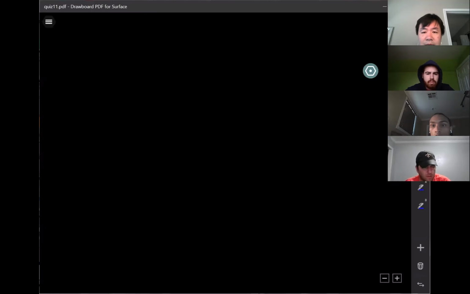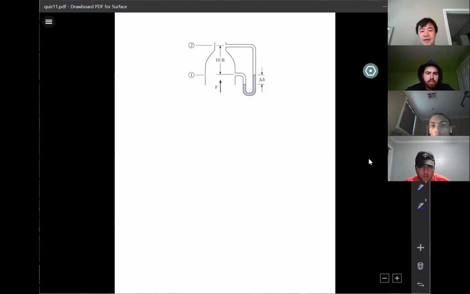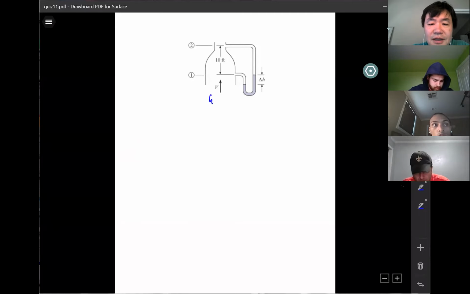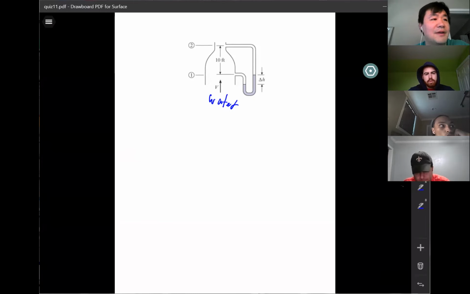Let's do a similar problem. Let me give you information for this. This is the problem. So you have here a liquid, water, flowing in this contraction, with whatever velocity V in there.